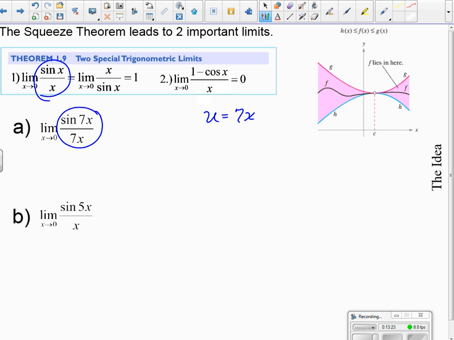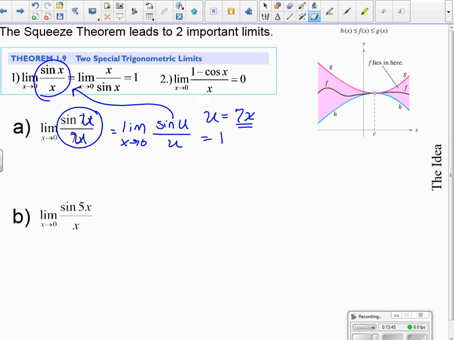Then this limit as x approaches 0 of sine u over u, because I'm replacing 7x with u, now takes on a close similarity to sine x over x. And the answer to this one is 1.